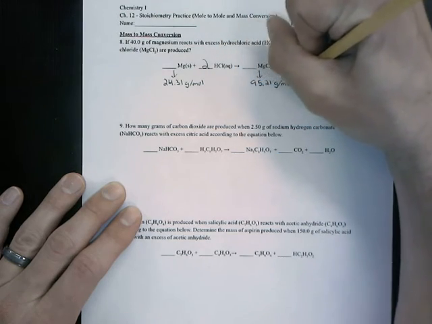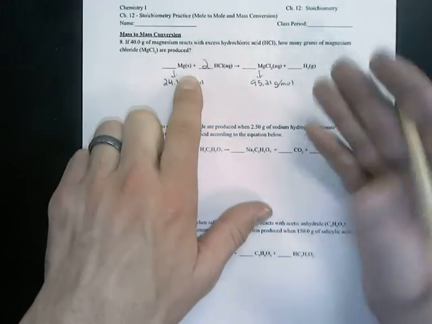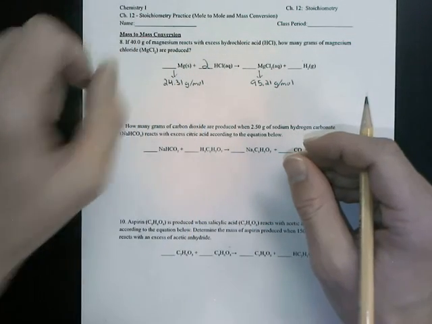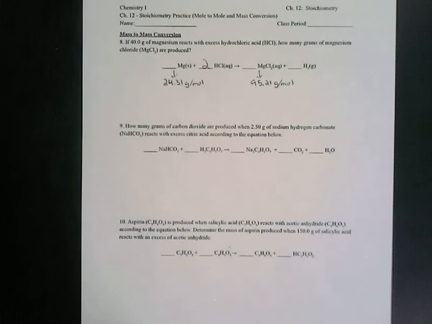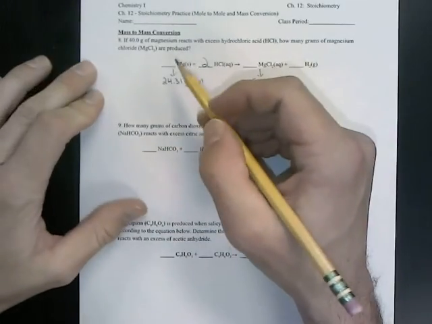Again, you can do one of two things. Google the molar mass of these particular substances, or you could do the traditional method where you look on the periodic table and you look at the individual elements' molar mass and you add all of those involved in the formula together.